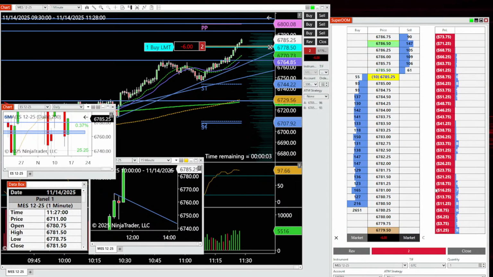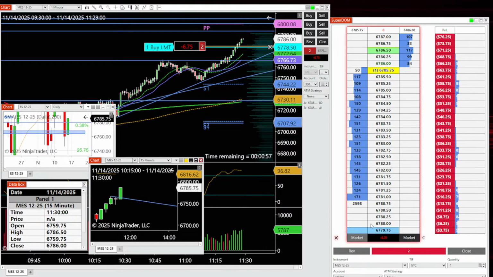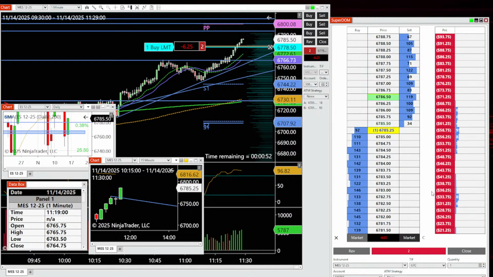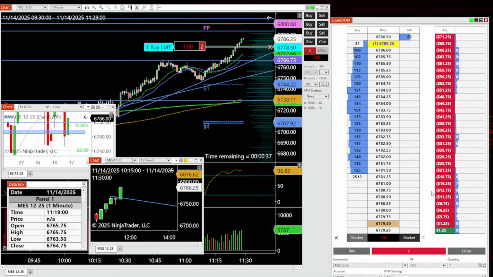Squeezing this out. That's a big squeeze. No slowdown, huh? I'm on the wrong side of the squeeze. Come on, 90.